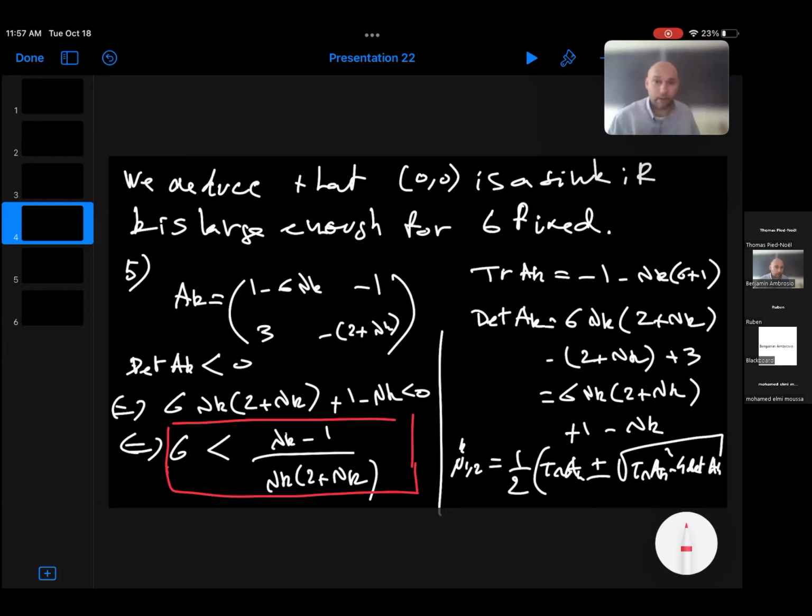All right, so you know that when you have a saddle, the stationary point for a two-dimensional ODE is no more stable, it becomes unstable.